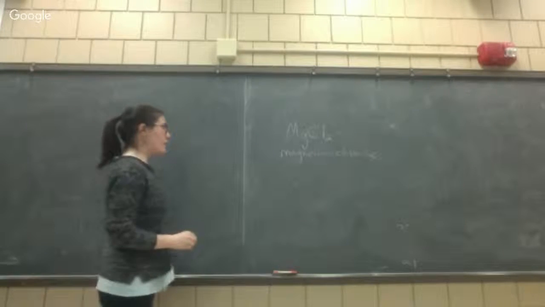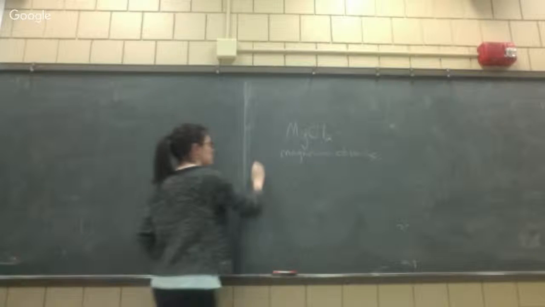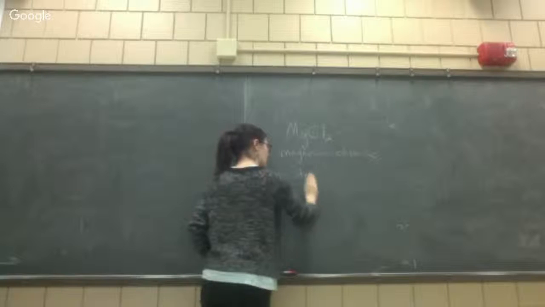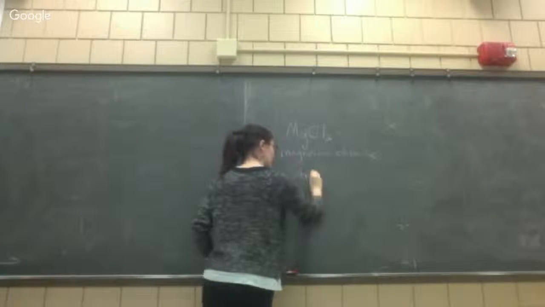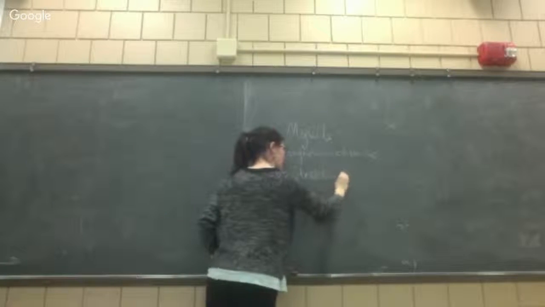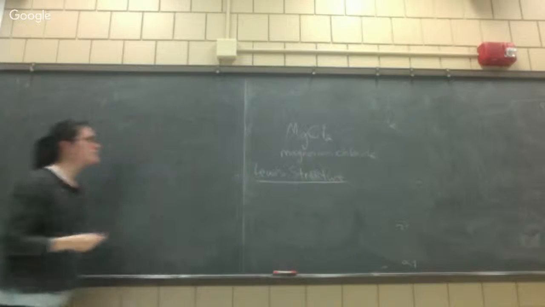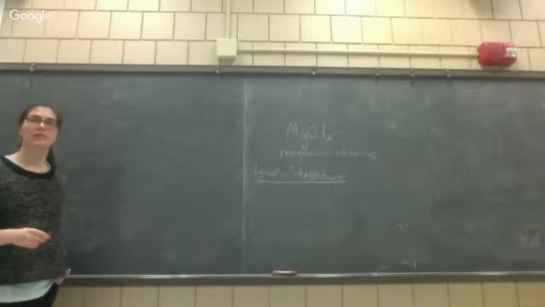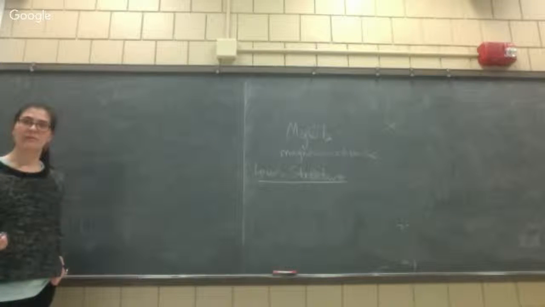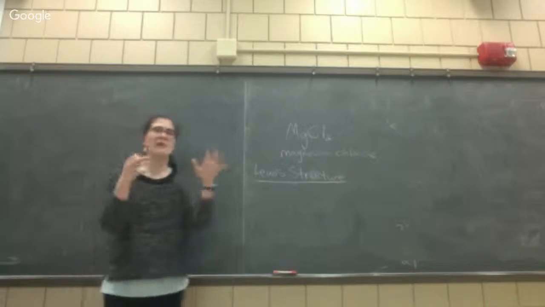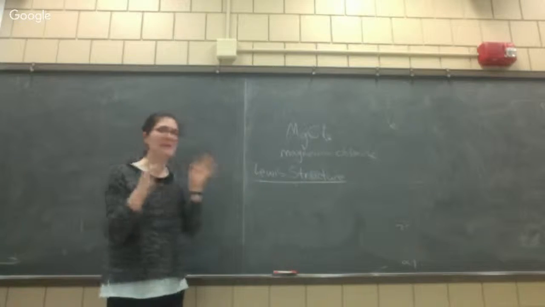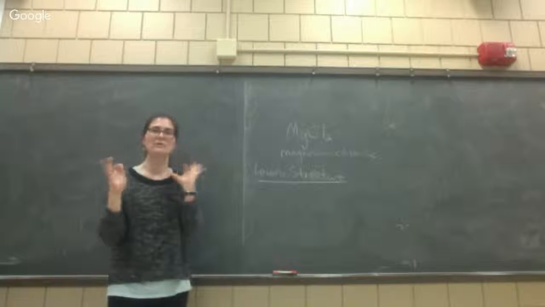So, what do we do here if we're drawing the Lewis structure? Yeah, so you still have to consider what goes in the middle, even though you might not have bonds.